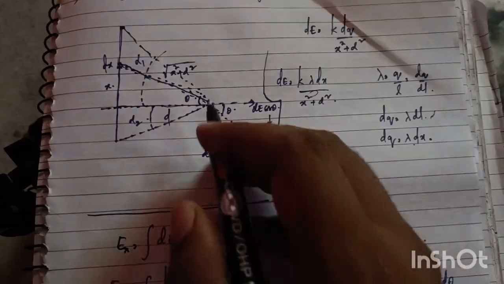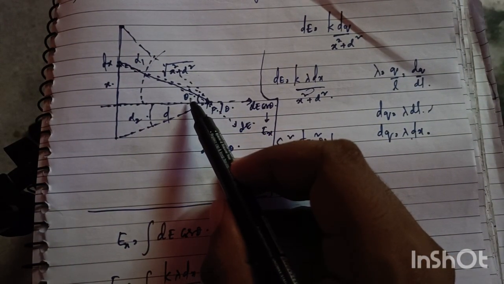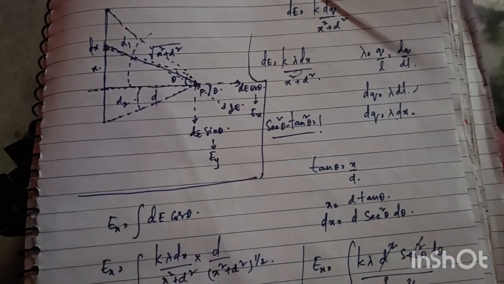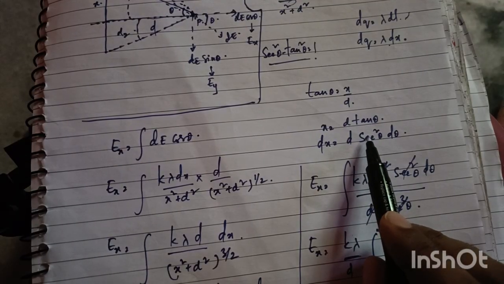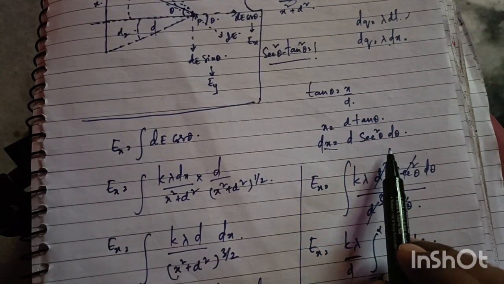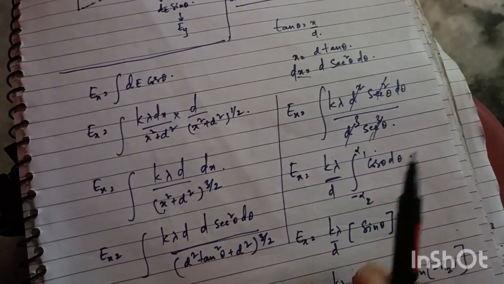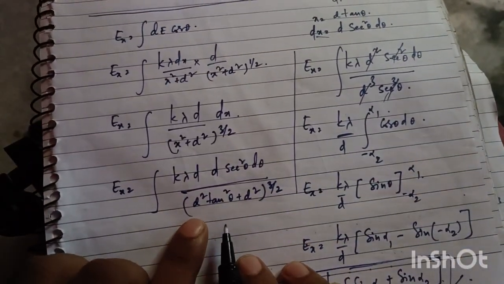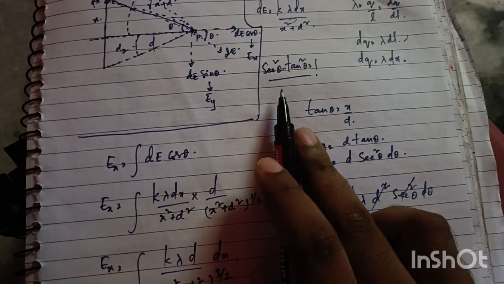From the triangle I've also taken tan theta, opposite by adjacent, so tan theta is equal to x upon d. From here we get x equals d tan theta, so dx is equal to d secant square theta d theta, and if I substitute that here, I get this. And here I've used a trigonometric identity, secant square theta minus tan square theta is equal to 1.